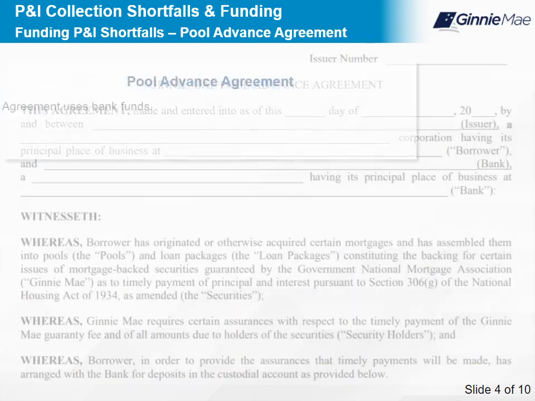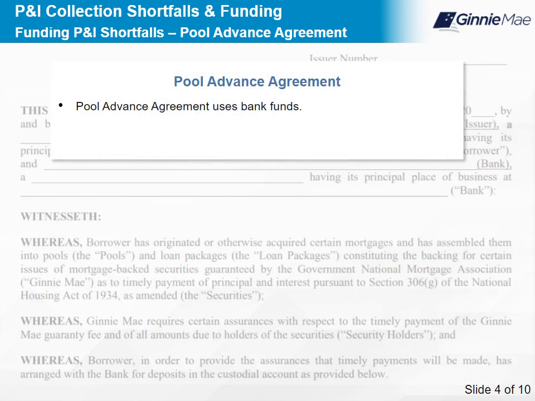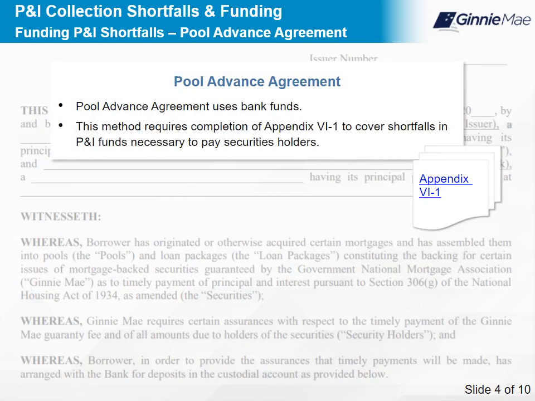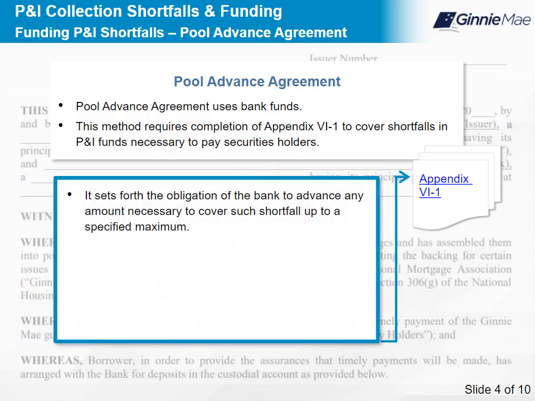The pool advance agreement uses bank funds. This method requires completion of Appendix 6-1 to cover shortfalls in P&I funds necessary to pay security holders. It sets forth the obligation of the bank to advance any amount necessary to cover such shortfall up to a specified maximum.